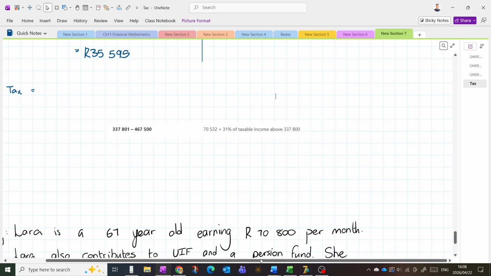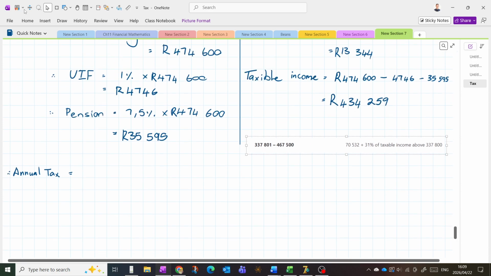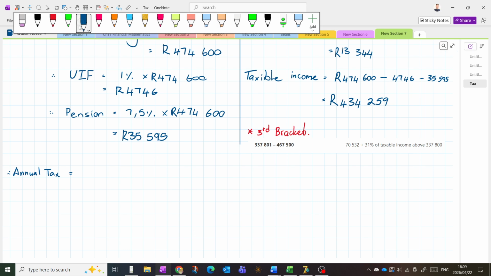There we go. So that's the bracket we're going to use. Let's put it up here. This was the third bracket.